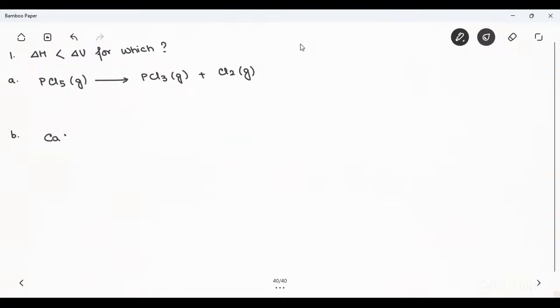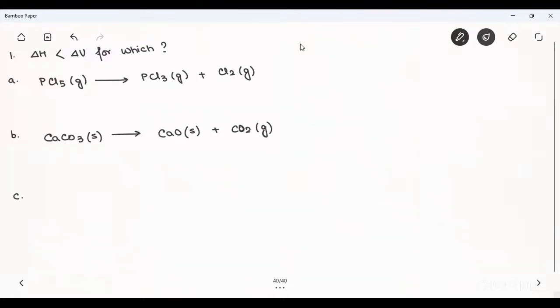The question is: delta H less than delta U for which of the following reactions? Option A is PCl5 gas going to PCl3 gas plus Cl2 gas. Option B: CaCO3 solid goes to CaO solid plus CO2 gas.